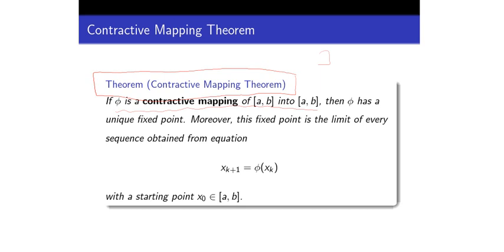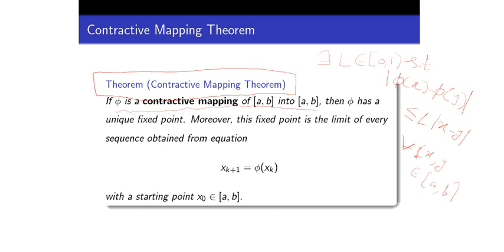That there exists a capital L in [0,1) such that mod of phi of x minus phi of y is less than or equal to L times mod of x minus y for every x, y in the closed interval [a,b].